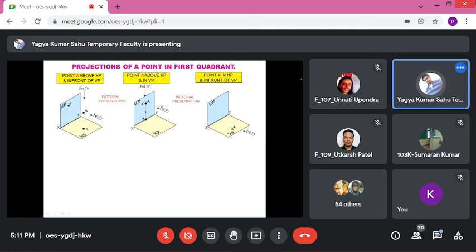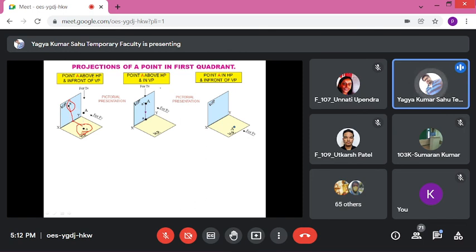I'm talking about these points, this A dash and A. This is the front view of A and this is the top view of A. When the point is a definite distance from VP, in front of VP it is 20 mm and above HP it is 30 mm, so you can see a clear-cut distance from XY.